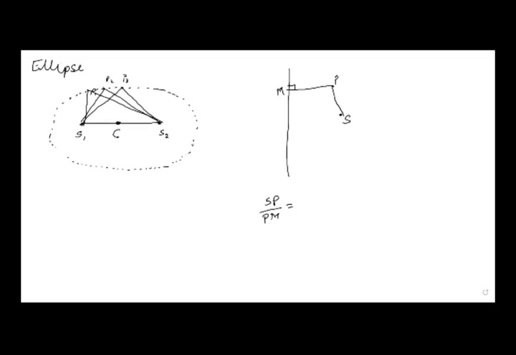will always be the same. If I take another point, say P1, then the distance of this point from the focus to the perpendicular distance from this fixed line will always be the same.